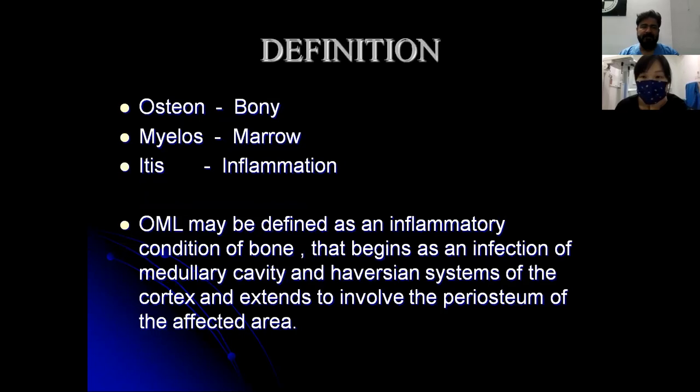So by definition, osteon means bone, not osteum, as in implants. Osteon means bone, myelo means marrow, and itis means inflammation. Osteomyelitis may be defined as an inflammatory condition of bone that begins as an infection of the medullary cavity and Haversian systems of the cortex and extends to involve the periosteum of the affected area.